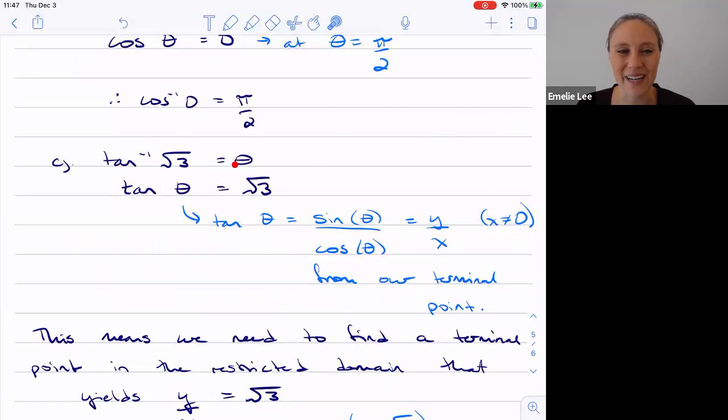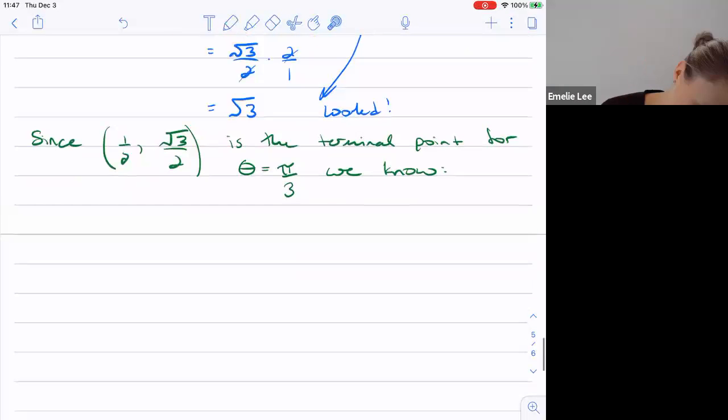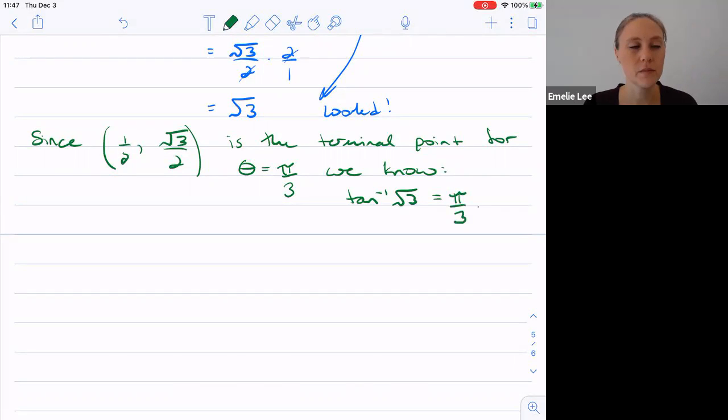Well, theta is pi over 3. So now we can replace this. And so tan inverse root 3 is theta, which is pi over 3. Good. Okay.